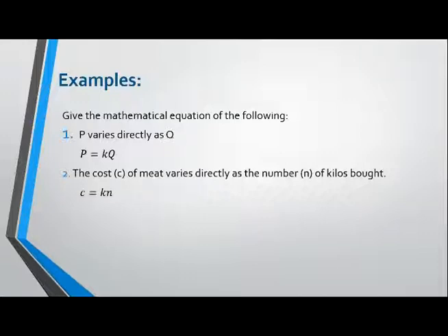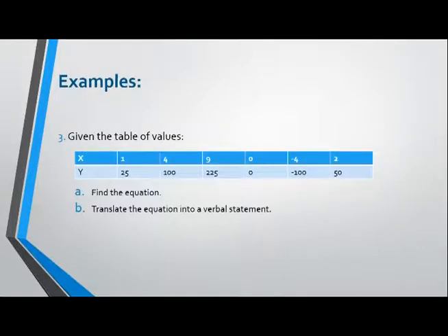Third example. Given the table of values, let's find the equation and translate the equation into a variable statement. Solution. If x is equal to 1, then y is equal to 25.